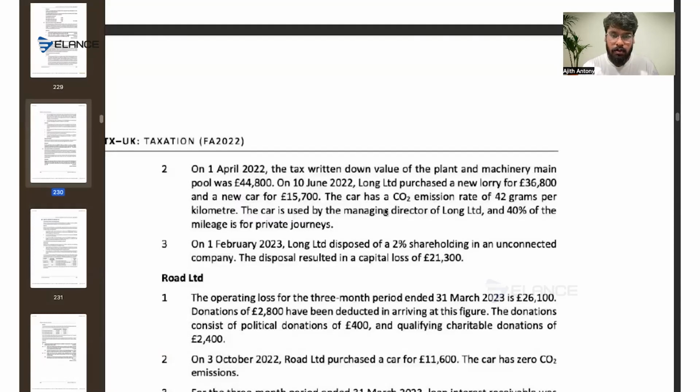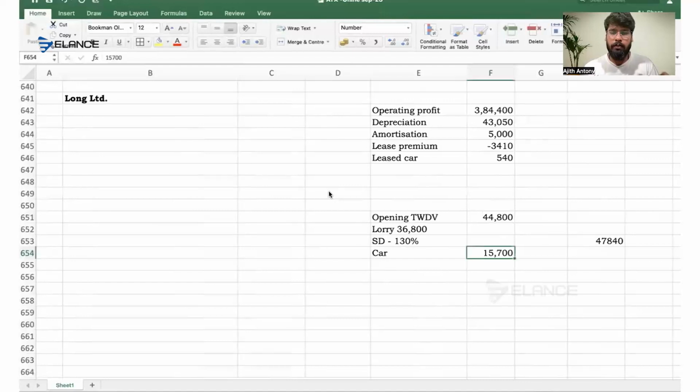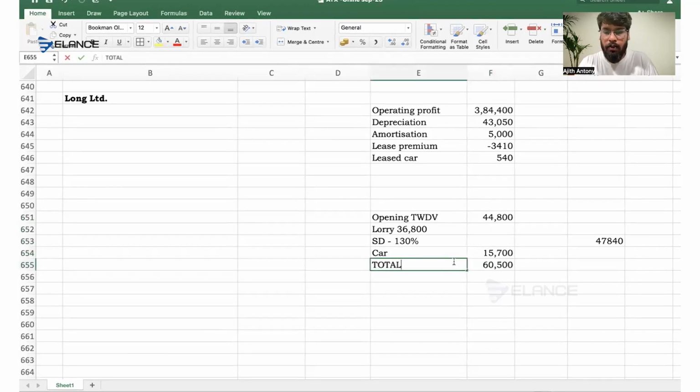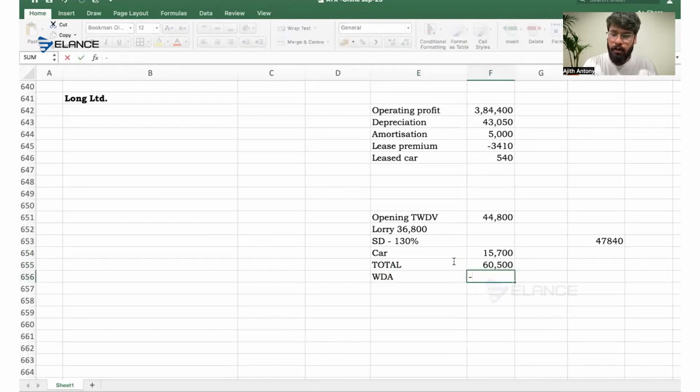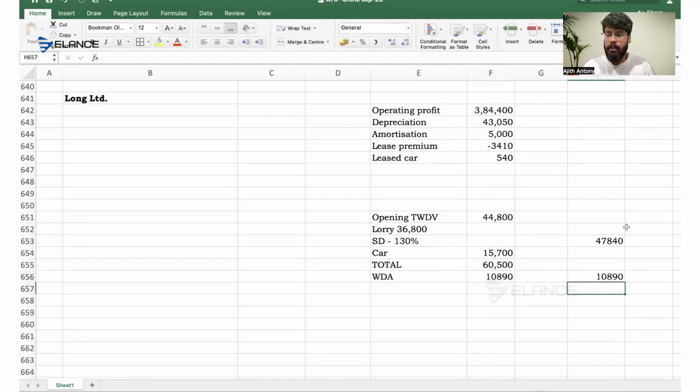Okay, so these are the hints given in the second note. So we just posted that into the capital allowance computation. So in the main pool, we have a total value of 60,500, and we can use the WDA, 60,500 into 18%. It will be the WDA, and the whole WDA we can transfer to the allowance pool.